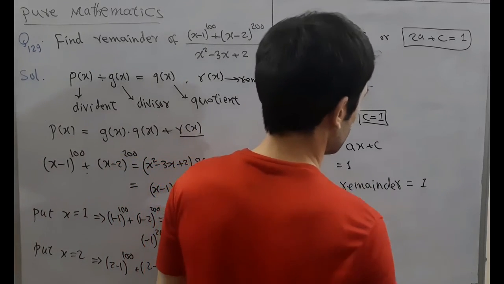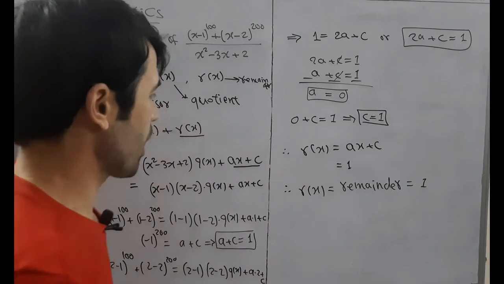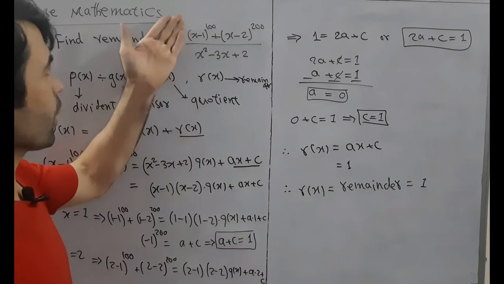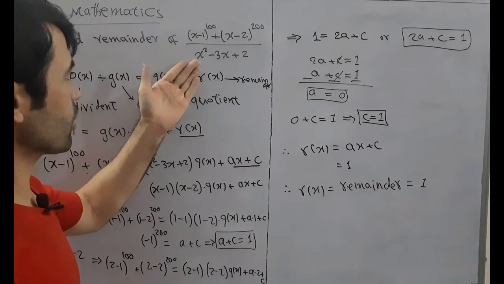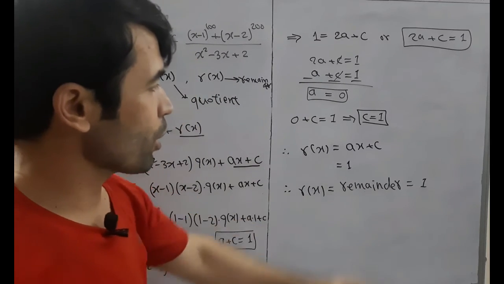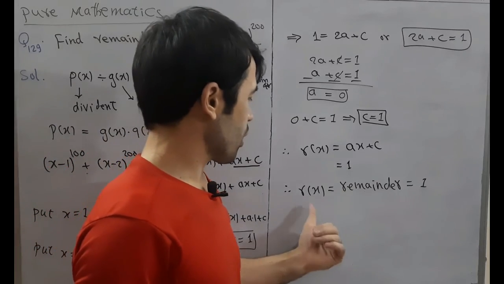It is the solution of this question. From dividing this polynomial by this polynomial, we will get the remainder r(x) is equal to 1.